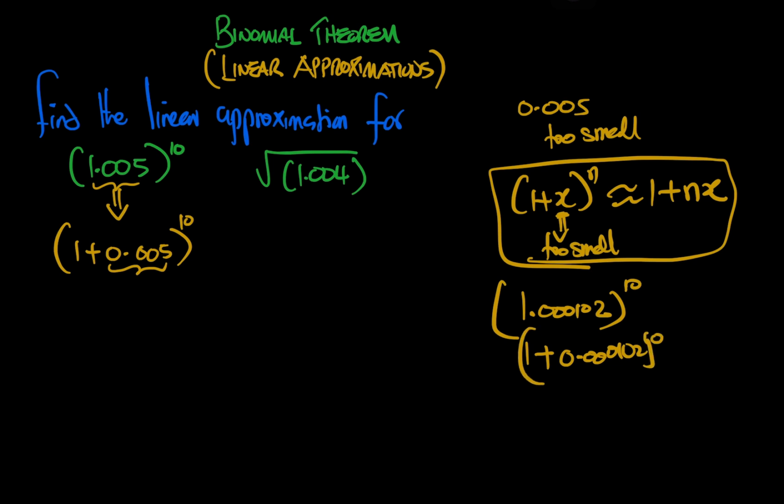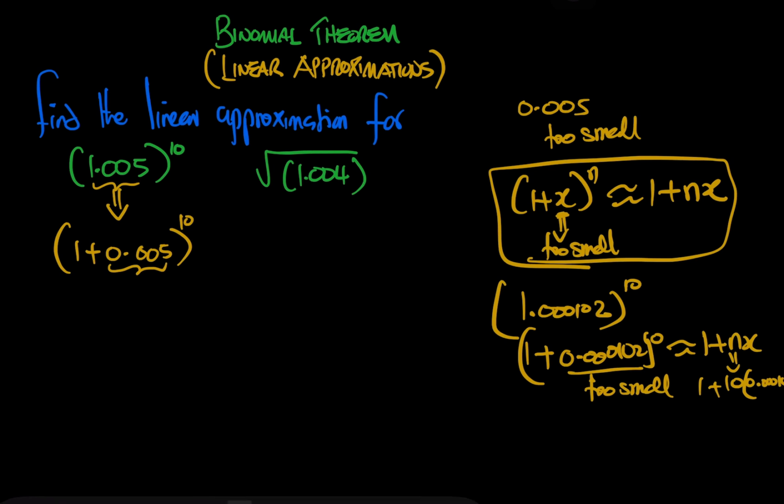But you can see that this one is too small. And because it's too small, we can approximate it to be 1 plus nx, where n is 10 and the x is 0.000102. We can see that this is our x and this is our n.